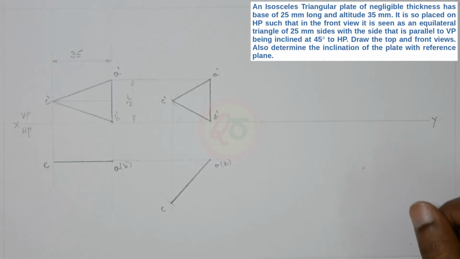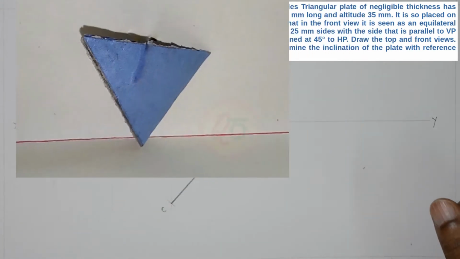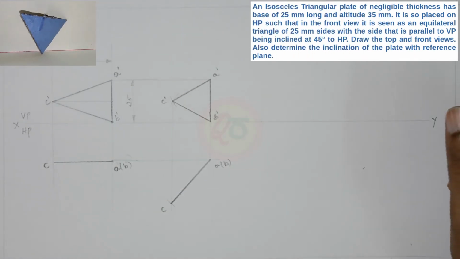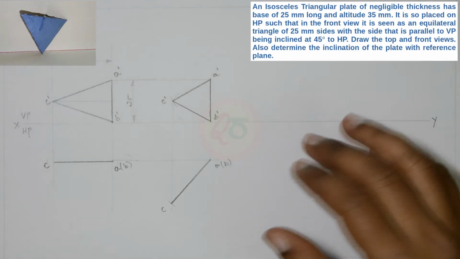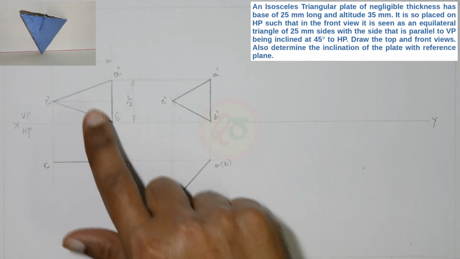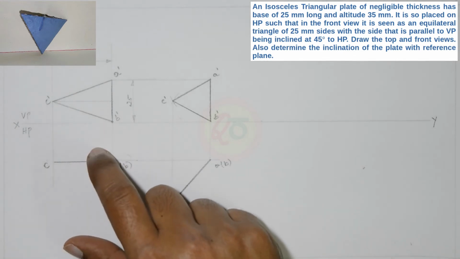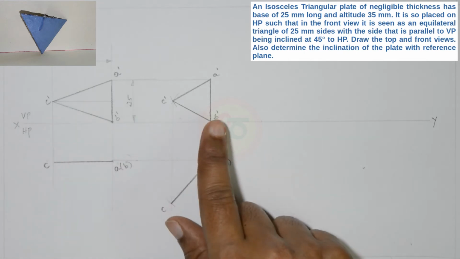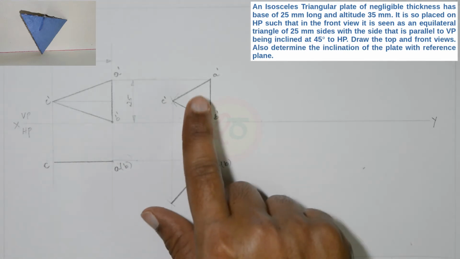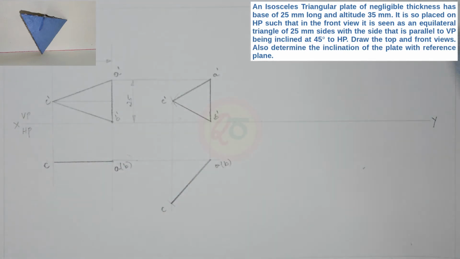Now in the third condition, it says that the side that is parallel to VP is inclined at 45 degrees to HP. So which is the side that is parallel to VP? The side that hasn't changed its length from first position to second position. That is the side or edge which is parallel.